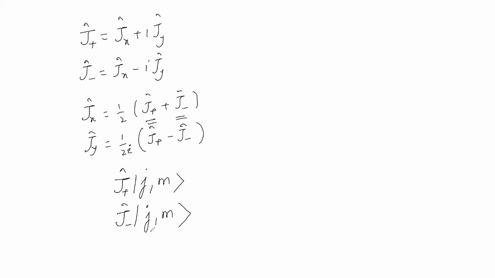Once we have the values for J plus Jm and J minus Jm, we will use those to get Jx and Jy. Is it not? Now the question arises, why suddenly, while talking about J square and Jz, have I started talking about Jx and Jy?